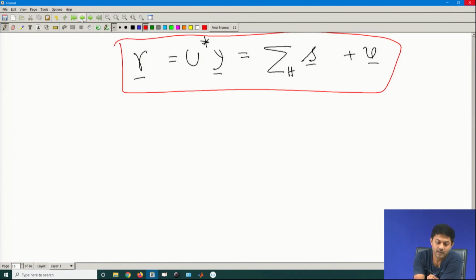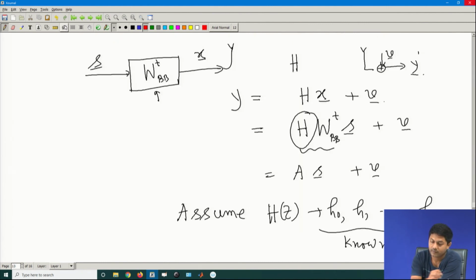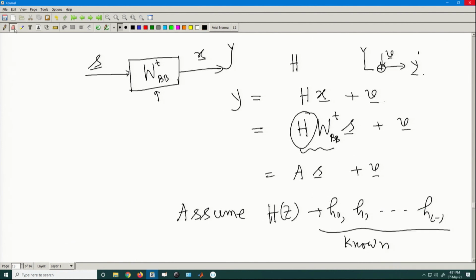So, what does it mean? Whatever I am getting, this is my data model. Instead of this, what I do here is that I multiply this with u star and get my r bar, and here I pick W B B T which is equal to V matrix.